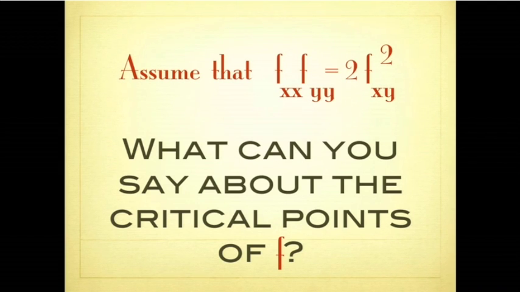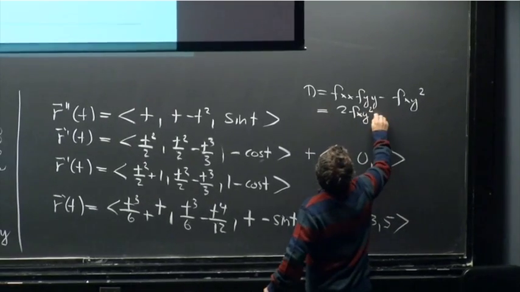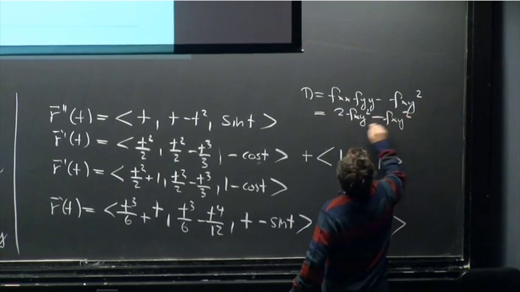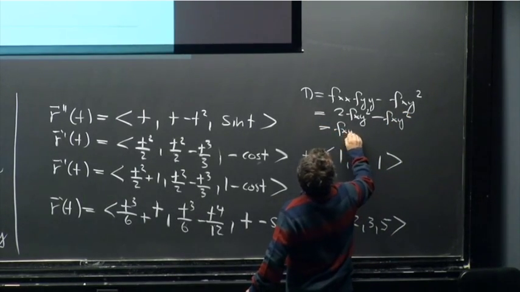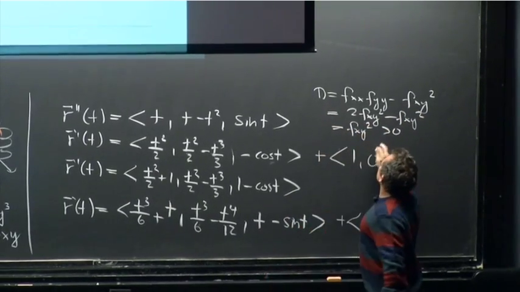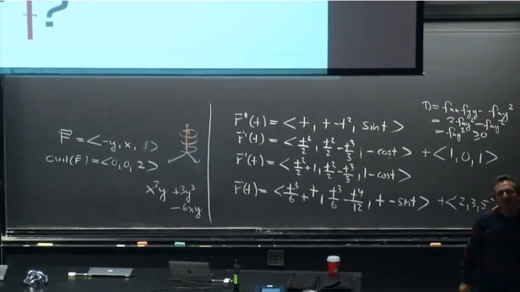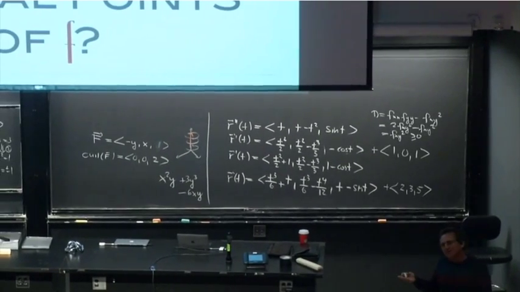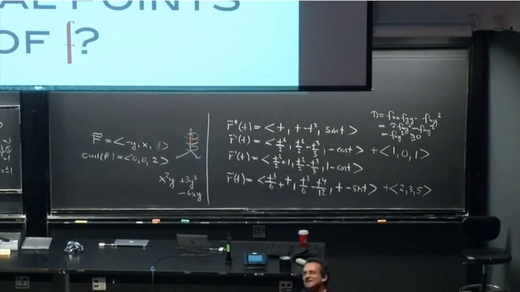So this is 2 fxy squared minus fxy squared, which is fxy squared. And actually this is bigger or equal to 0. So actually it could also be 0. That's why the answer that it is not a saddle is really the right answer. Not necessarily a maximum, not a minimum, but no saddle. Cool. Does it make sense?